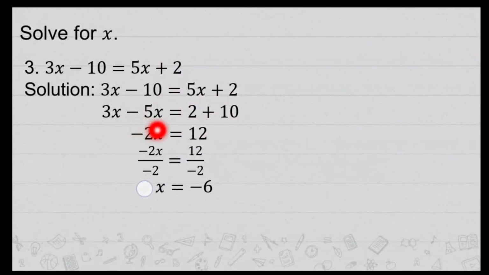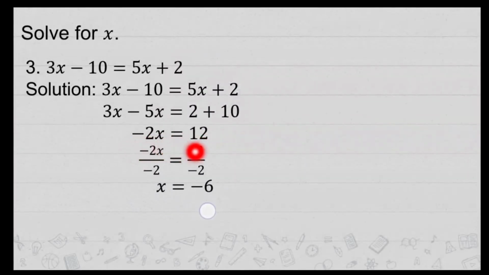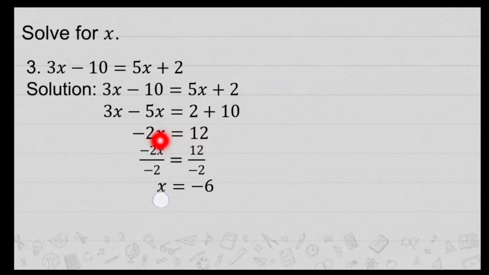So let's simplify. Let's combine. 3x minus 5x is negative 2x. Then 2 plus 10 is 12. Again, to solve for x, we have to divide both sides by the numerical coefficient of the variable. What is our variable? We have x. What is its numerical coefficient? We have negative 2.